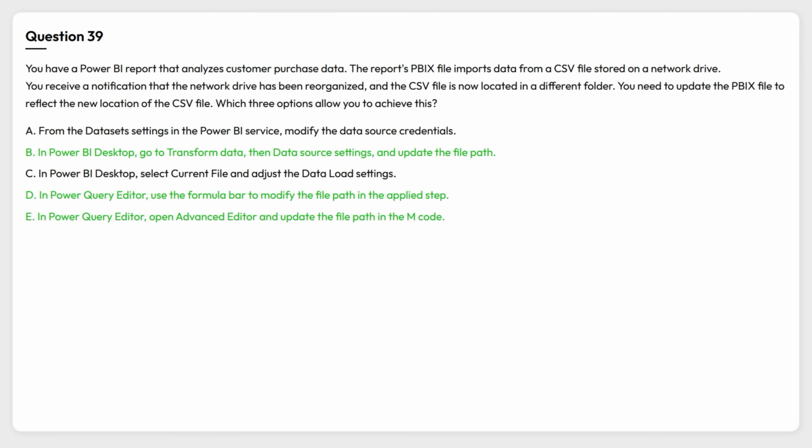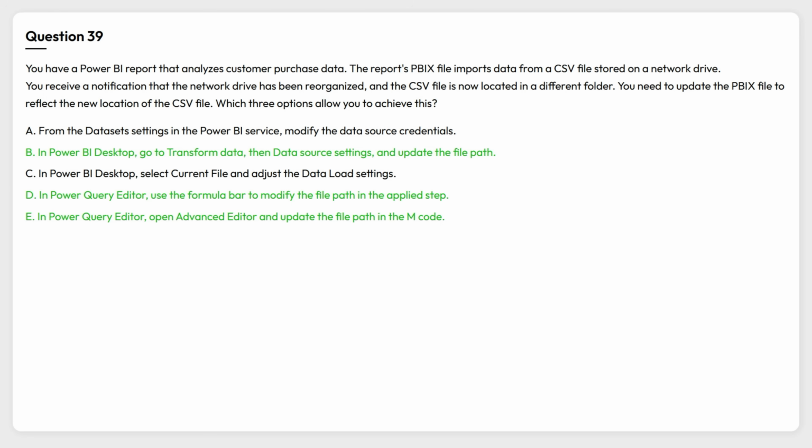The correct answers are Option B, in Power BI Desktop, go to Transform Data, then Data Source Settings and update the file path. Option D, in Power Query Editor, use the formula bar to modify the file path in the applied step.